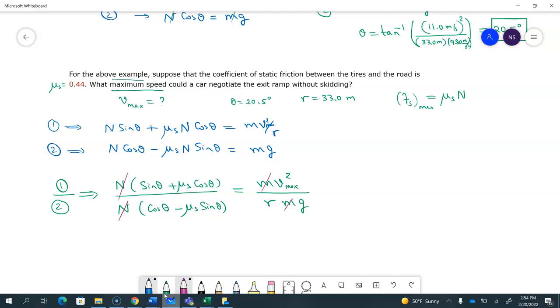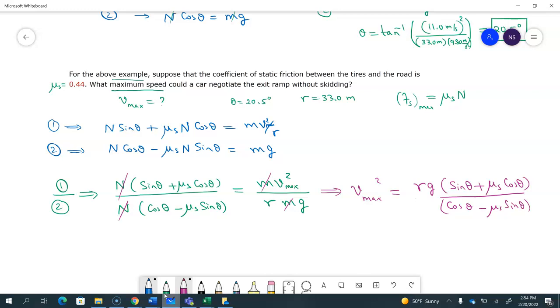So if I simplify this, I end up having Vmax squared is equal to r times g times sine theta plus mu s cosine theta divided by cosine theta minus mu s sine theta, right?